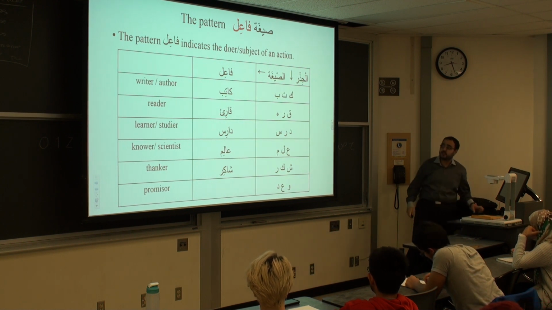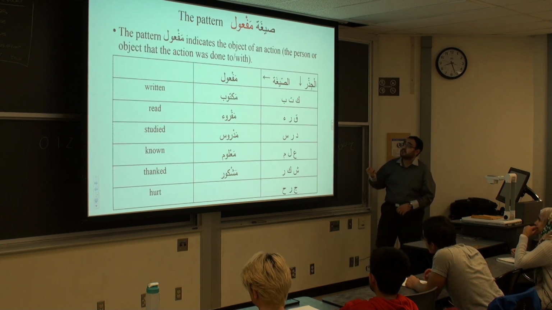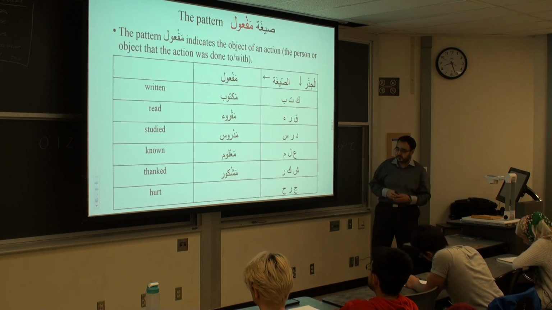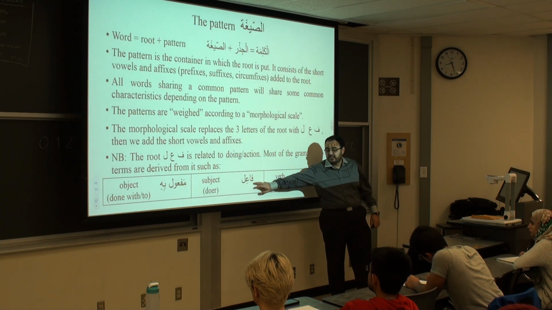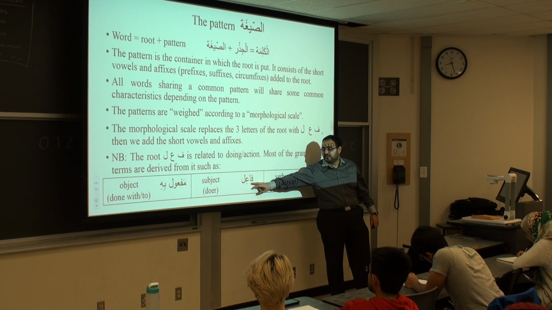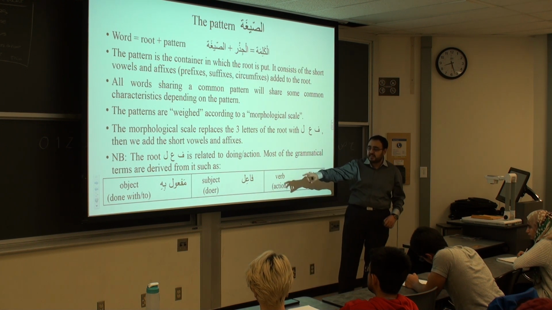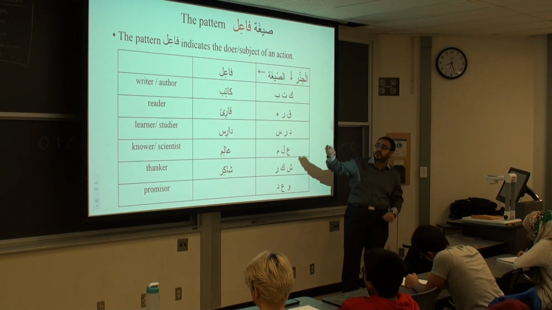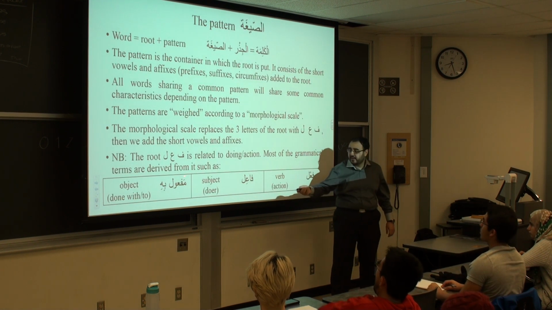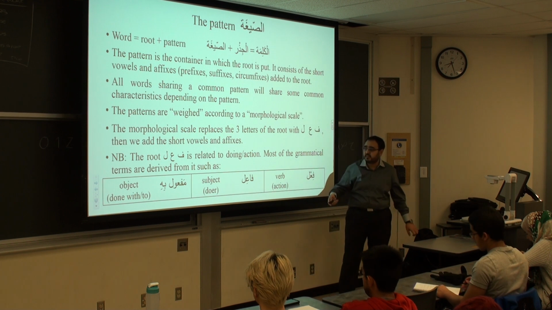Okay. Let's move on to another pattern, the pattern maf'ul. Do you remember when we were talking about the grammatical terms? The grammar term fa'il indicated the subject, and the pattern fa'il indicated the doer. So here we have the maf'ul bihi, which indicated the object.